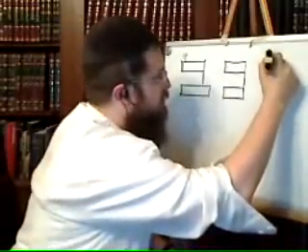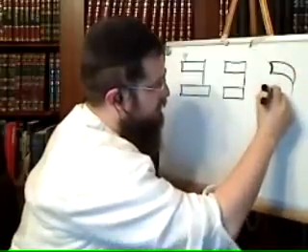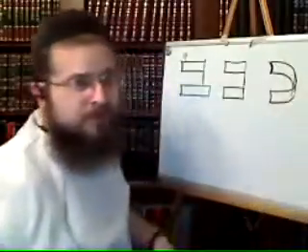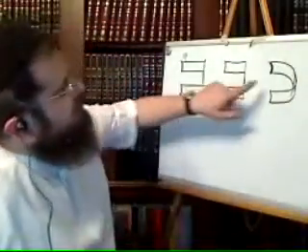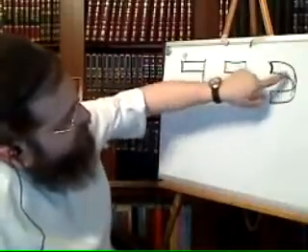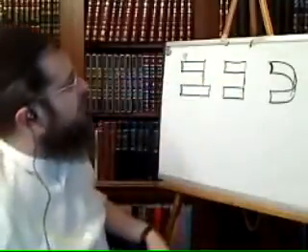The letter Kaf looks like this. All right? As you see, the letter Kaf differs from the fundamental form of the letter Beis in that it's rounded on the back, while the fundamental form of the Beis is square.